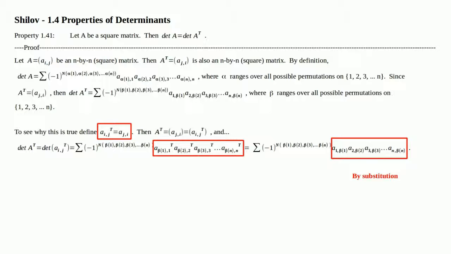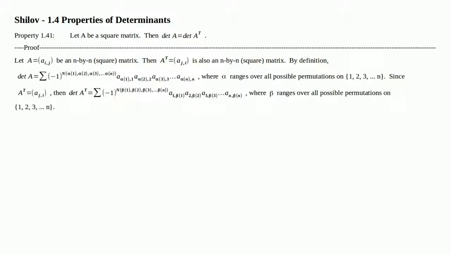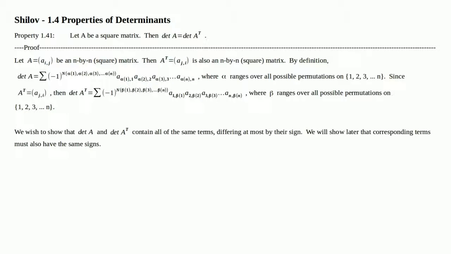That's it. So now where were we? We wish to show that the determinant of A and the determinant of A transpose contain all of the same terms, differing at most by their sign. We will show later that corresponding terms must also have the same sign, and therefore they're the same. And this is how we're eventually going to show that the determinant of A is the same thing as the determinant of A transpose. But we've still got a ways to go yet.